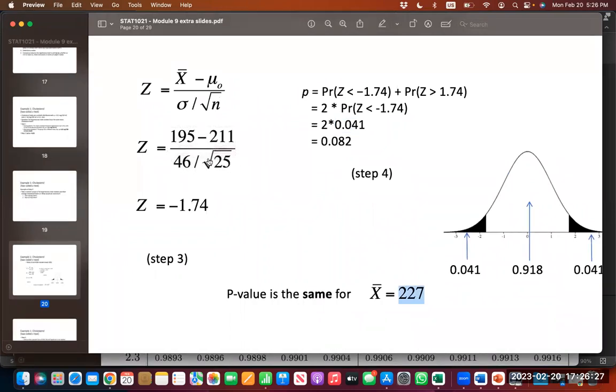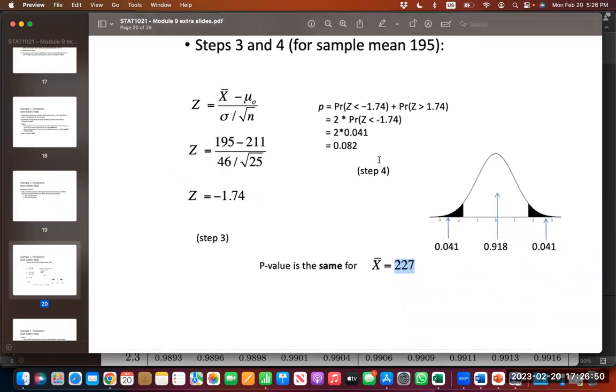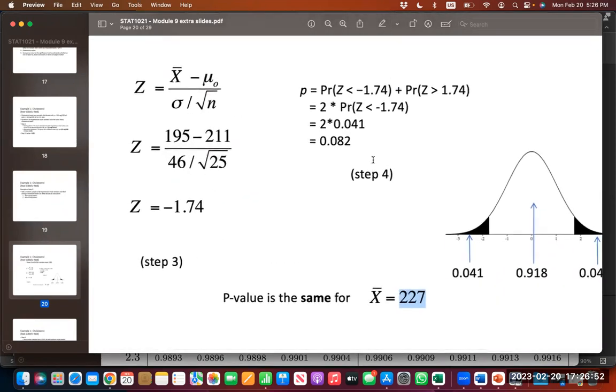So the resultant set score is going to be plus 1.74, and your calculation is going to be identical to this calculation, because now you're basically assuming you're starting with the greater tail, and you still have to multiply it by 2 to account for both tails. Both alphas, or both type 1 error rates. So 227 and 195, same result, absolutely identical, just a positive set score as the resultant.